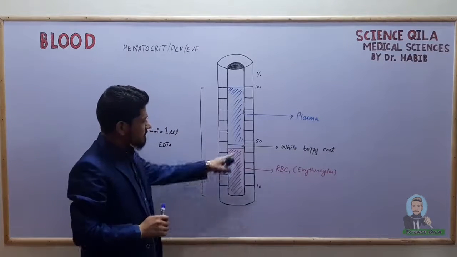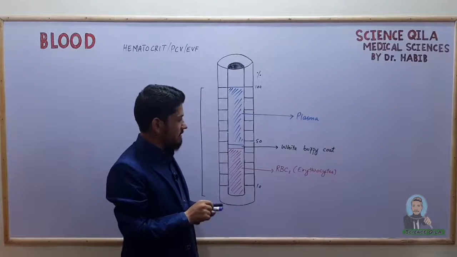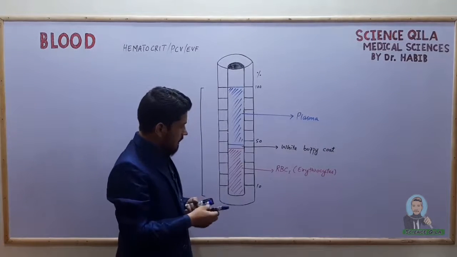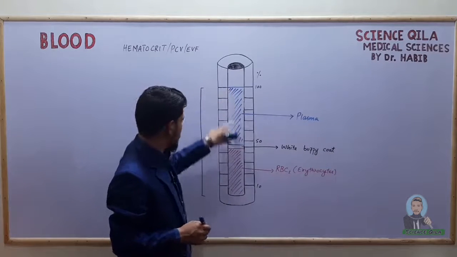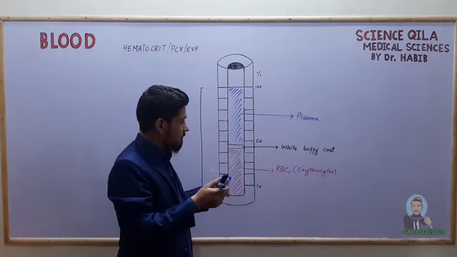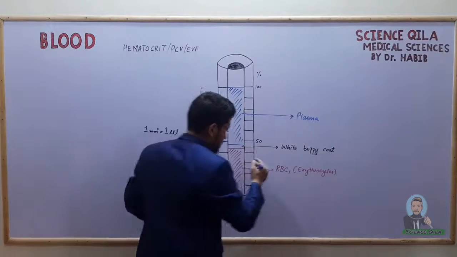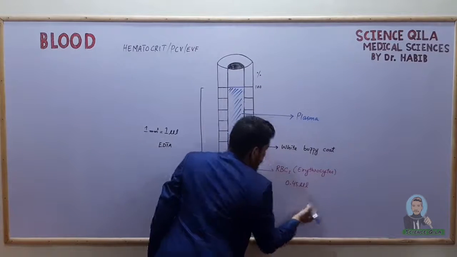Let's first of all start with the red blood cells or RBCs, and we also name them erythrocytes. The composition of the red blood cells, according to this test tube, that is 1 microliter, is around possibly 0.45 microliter.